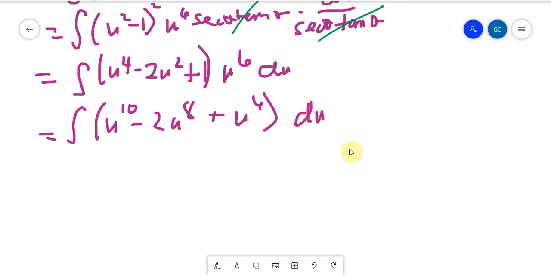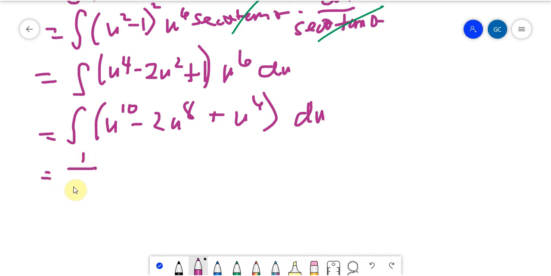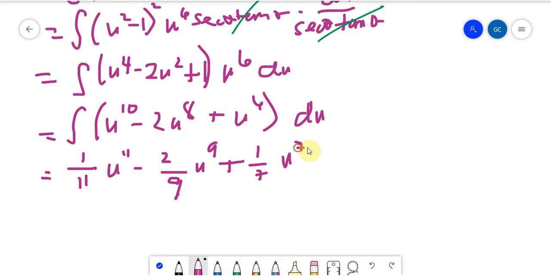So we will apply power rule to this one. So we have 1 over 11 u to the 11th minus 2 over 9 u to the 9th plus 1 over 7 u to the 7th plus some constant c.